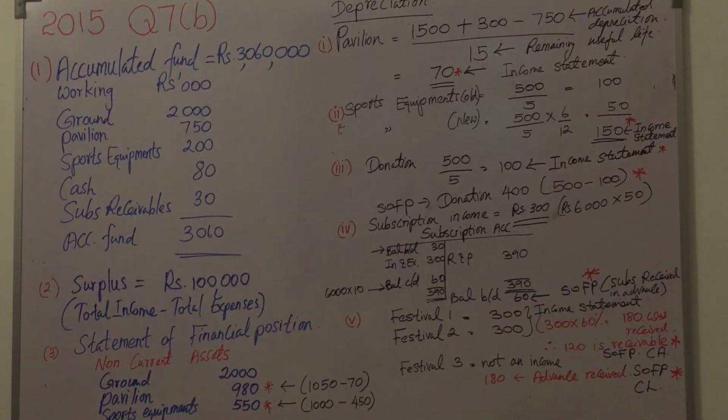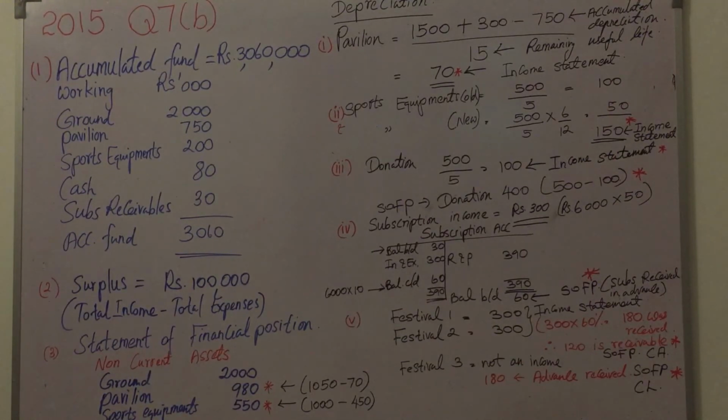So we have already included everything related to subscription in the relevant places of the financial statements. Let's move on to the next, which is the last adjustment. The sports ground is hired to outsiders by charging 300,000 rupees per sports festival. 60% of this amount is payable as an advance at the time the ground is booked and the balance on the day of the sports festival. The details of these sports festivals are as follows.